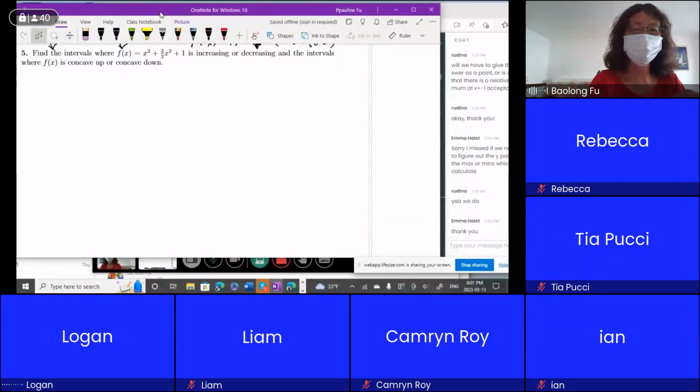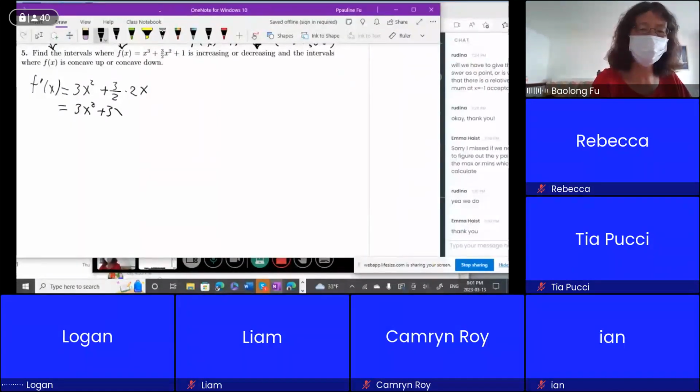To find increasing and decreasing, first you find the first derivative. It is 3x squared plus 3 over 2 times 2x. Simplify, it is 3x squared plus 3x. Let this equal to 0.